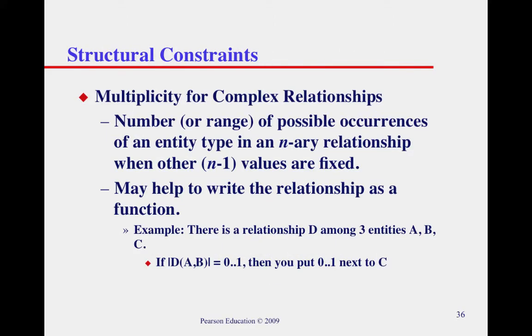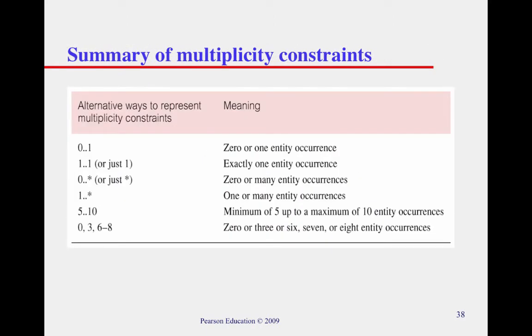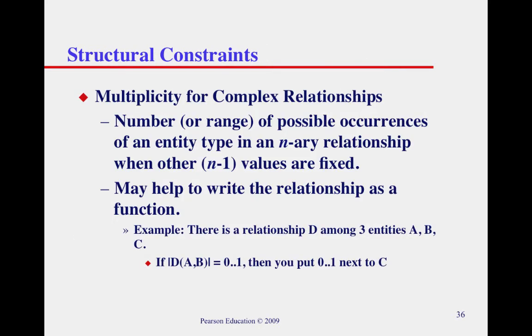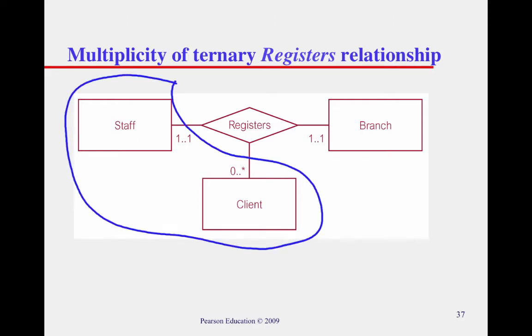We talked about this last time, so I'm not going to go through it. We did not talk about this, which is how you determine the multiplicity of n-degree relationships where n is greater than 2. So ternary, quaternary. The way you determine it, so here's an example, is you fix two of the entities.